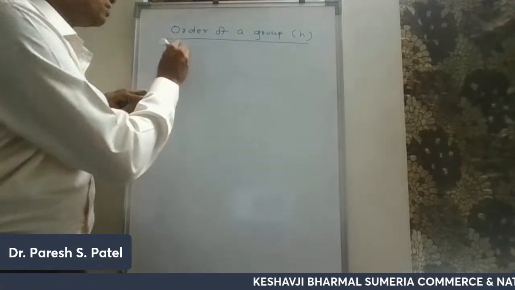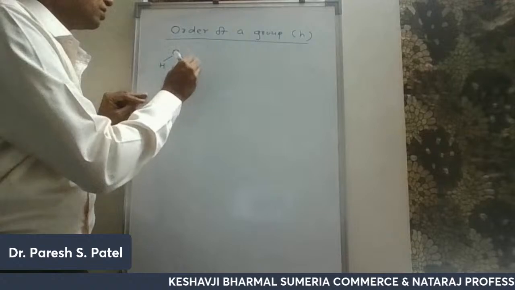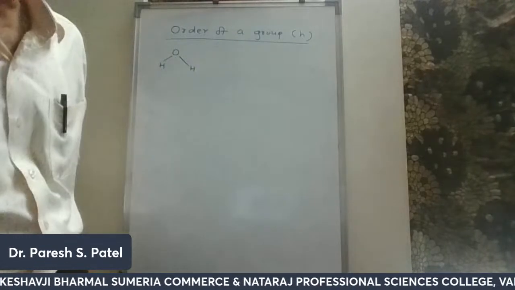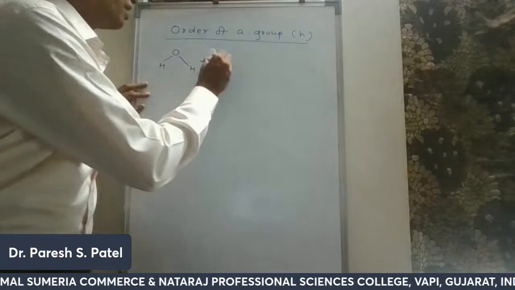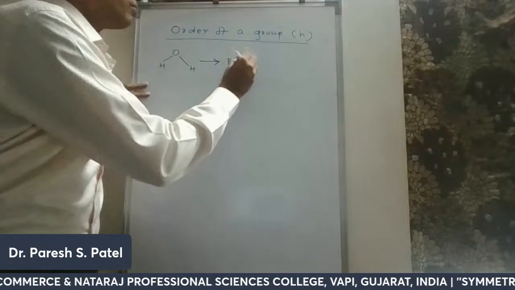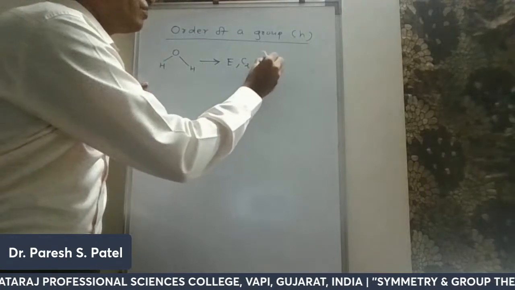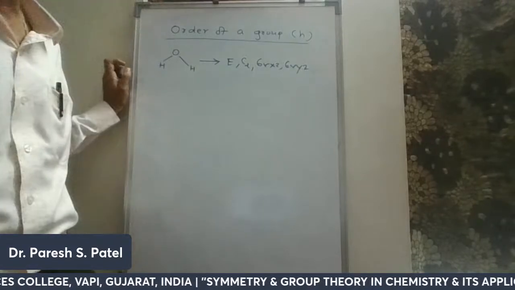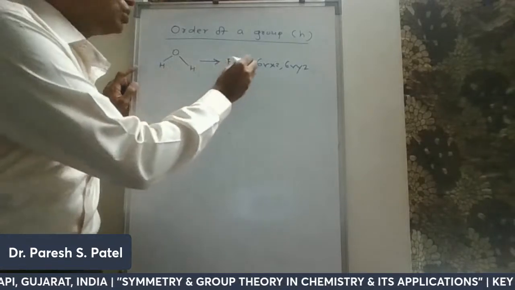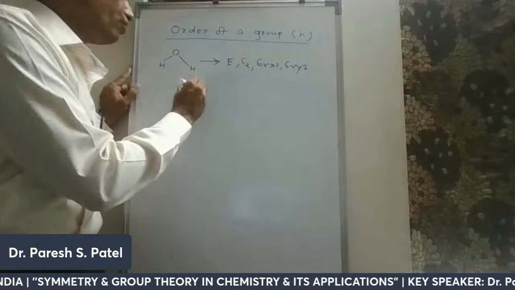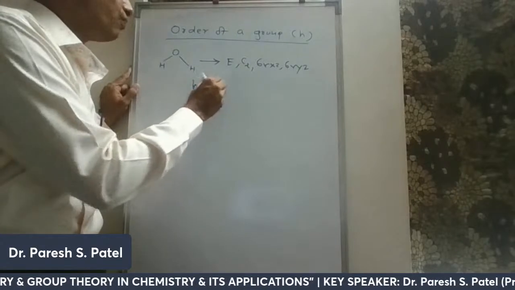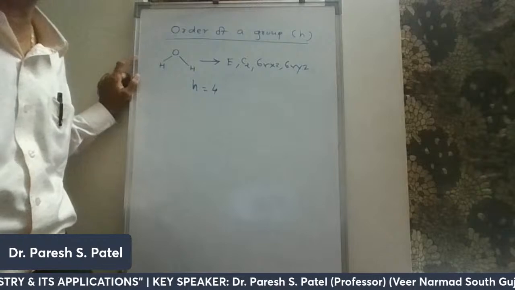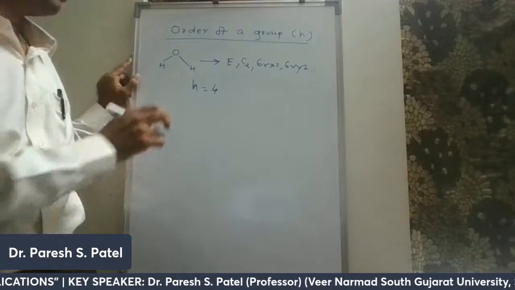As for example, this is a water molecule. In the case of the water molecule, it consists of E, C2, sigma Vx, sigma Vy symmetry elements. So the water molecule consists of 1, 2, 3, and 4. So the order of the group for the water molecule is equal to 4. So what is the order of a group? The number of symmetry elements present in a molecule.